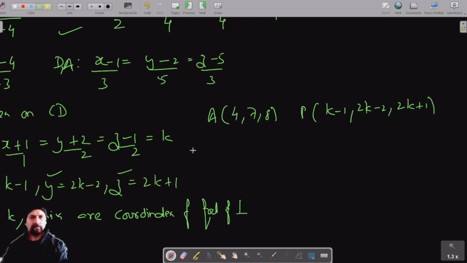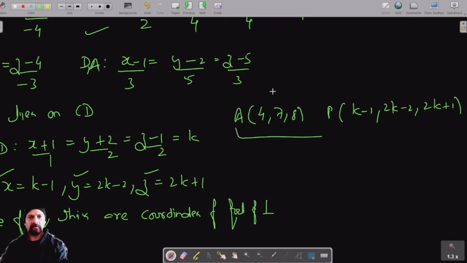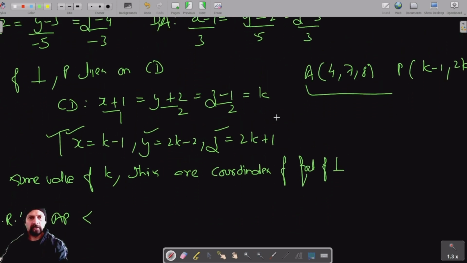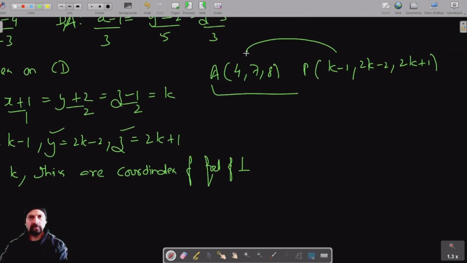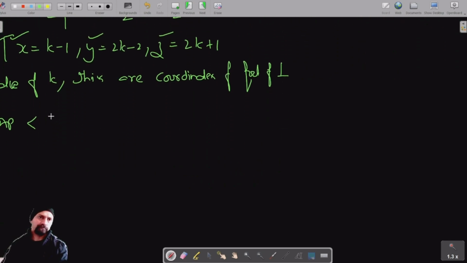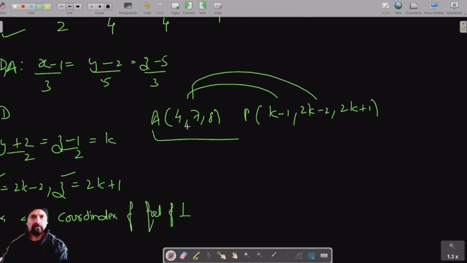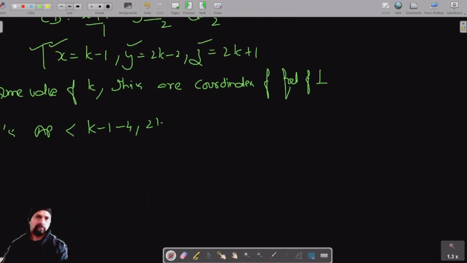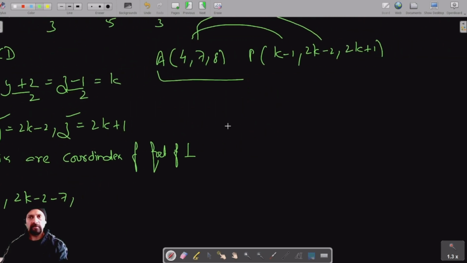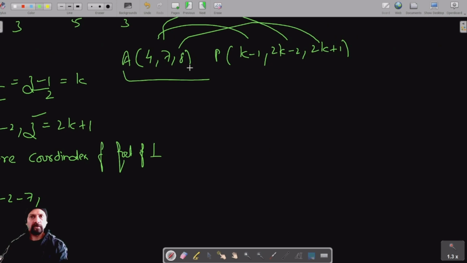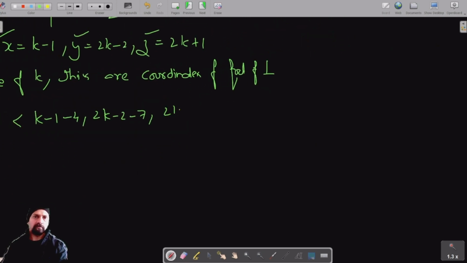Now the direction ratios of AP are given by x2 minus x1. So this is k minus 1 minus 4, and the next direction ratio is 2k minus 2 minus 7, and then 2k plus 1 minus 8.